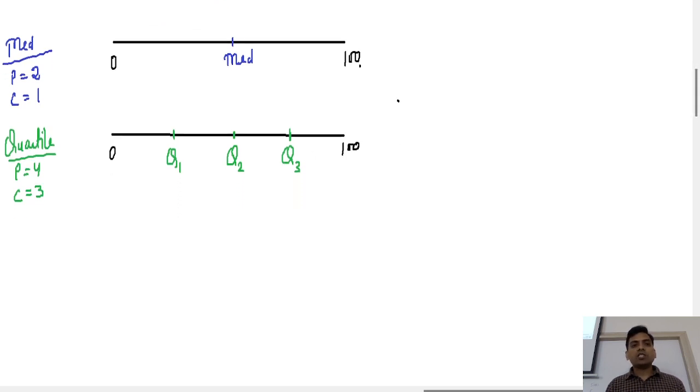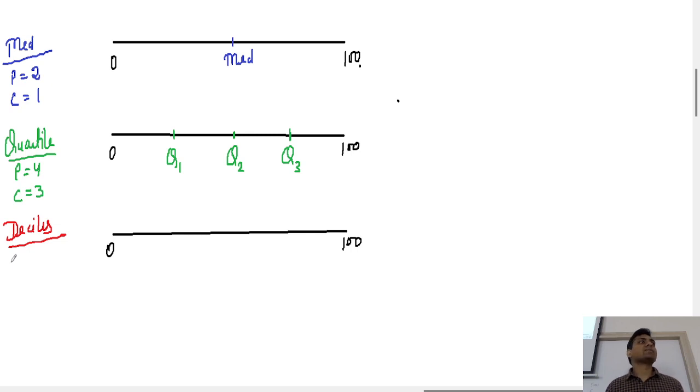Now the next situation is again from 0 to 100, and now we are seeing deciles. Decile is associated with 10 parts of data.